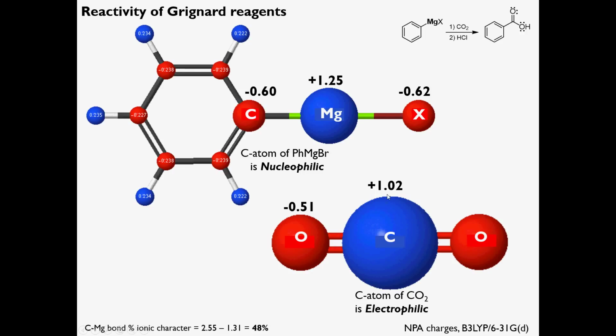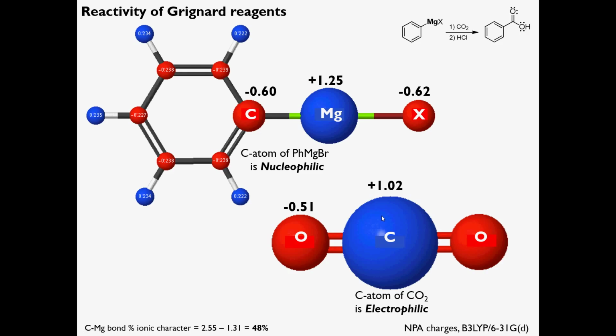Again, I wouldn't put a whole lot of stock in the actual magnitude of this, but the sign is certainly correct. So in terms of identifying our carbon nucleophile and our carbon electrophile, our charges take care of that. We can see how the bond is formed from the nucleophile to the electrophile just by looking at the charges of each of the atoms that are taking part in this reaction.